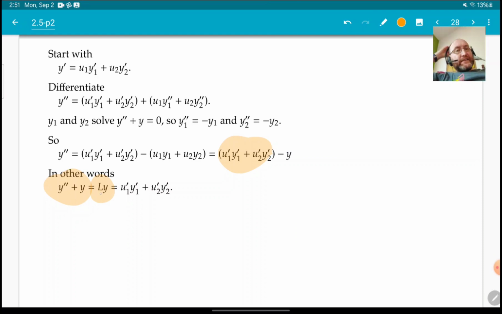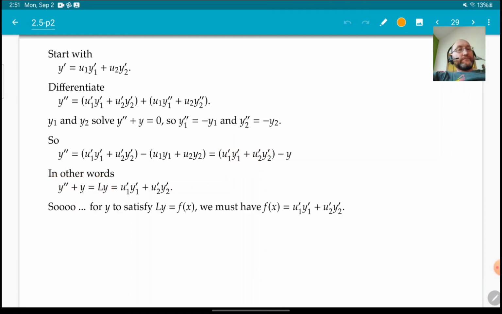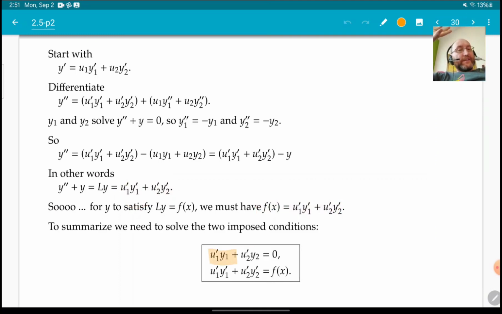So this thing had better be f of x, whatever that is. And so now we have our second equation: this guy had better be f of x. So let's write down the two equations that we have. This thing was the thing that we imposed arbitrarily, and this thing comes out from y had better be a solution.